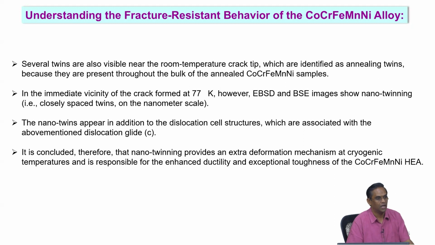So, if you look at it in terms of energy absorption characteristics of any deformation process, slip versus twinning, which requires more energy? This also you should look at. Twinning. So, I already have slip happening, then I have an extra nanotwinning which absorbs a lot more energy. That is related to your toughness. So, that is the idea.